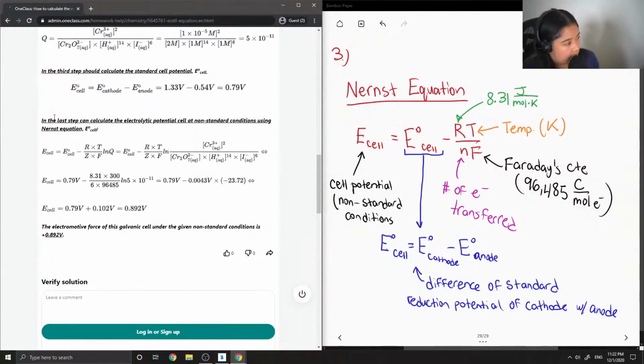Okay, so now in the last step, we can calculate the cell potential at non-standard conditions using the Nernst equation.